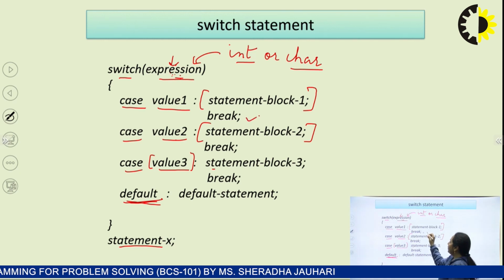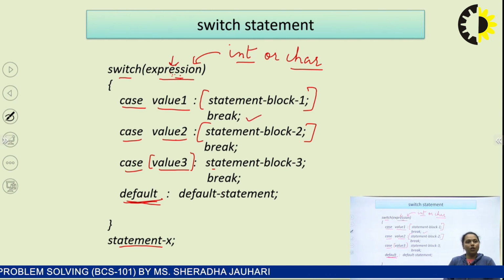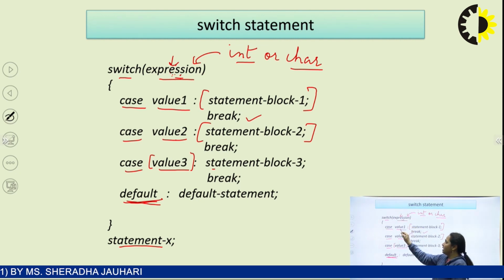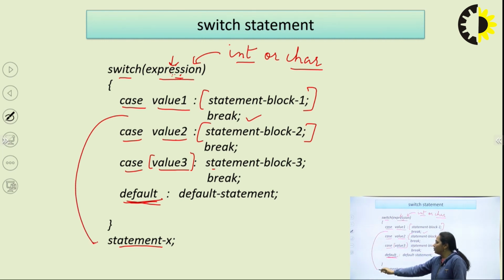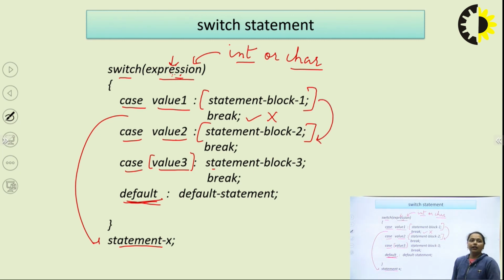Now there is a statement written here, break. Break is responsible for breaking out from the switch. Means if this particular expression is equivalent to value 1, and we are writing break here, then only statement block 1 will get executed, and after that the control will directly come to statement X. But if we do not write this break statement here, after executing block 1, the sequence of the program will continue to the execution of statement block 2.